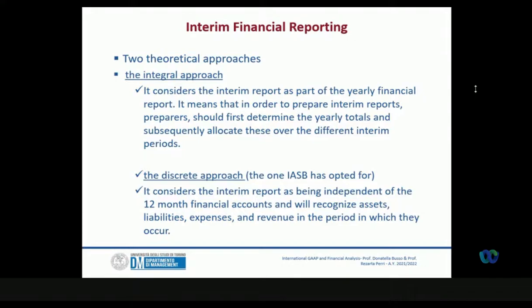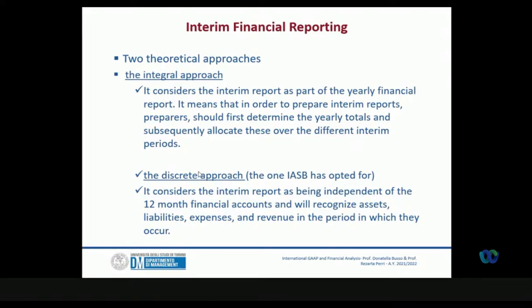This means that in order to prepare the interim financial statements, I should follow an integral approach thinking for the whole accounting year before me. That's not very practical. And this is why the IASB, the board, has opted for and really advises the use of the discrete approach.